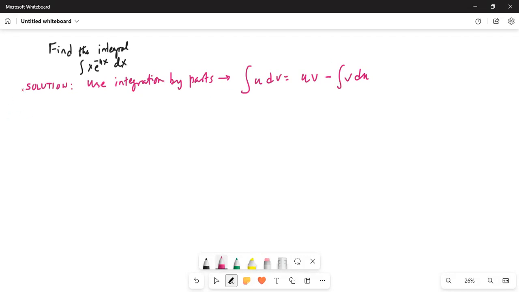So let dv is equal to e to the power of minus 4x dx.